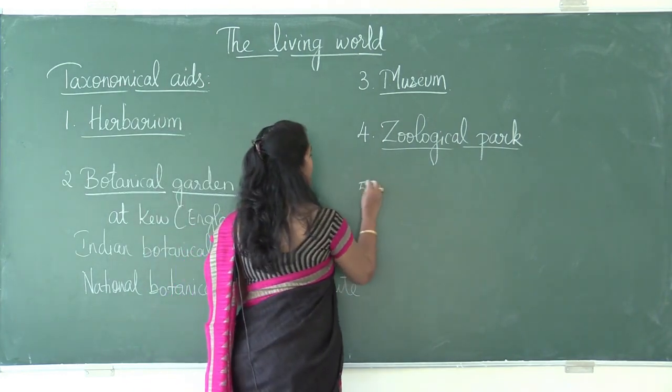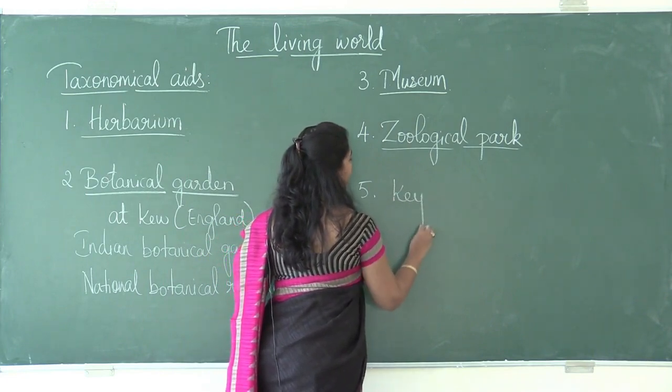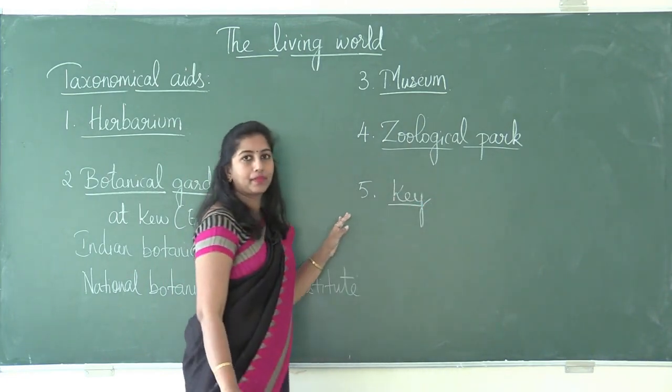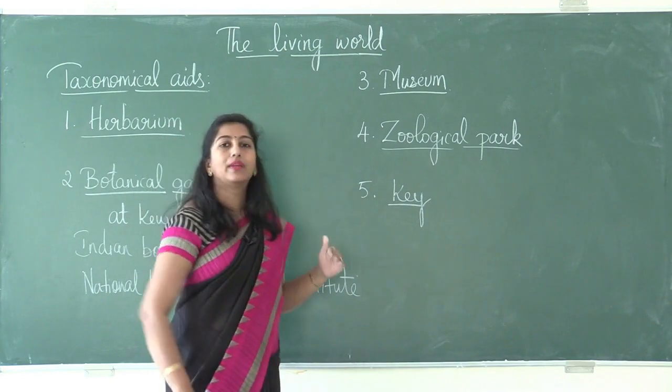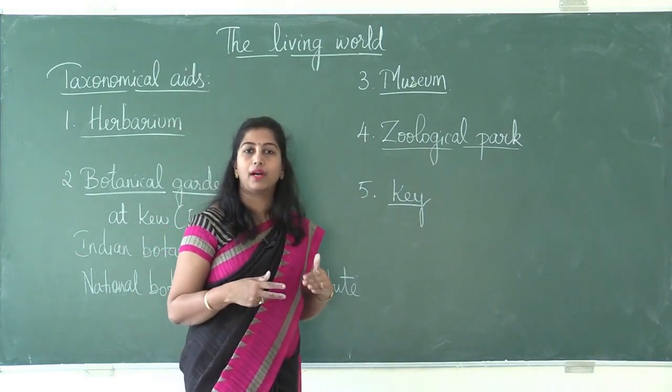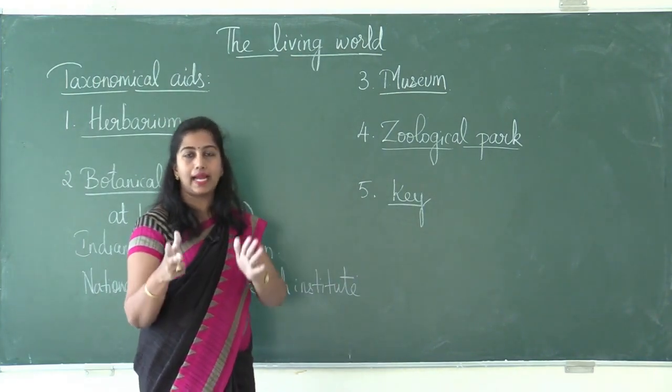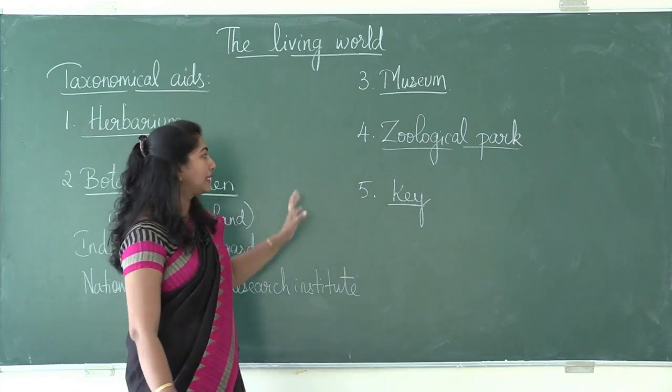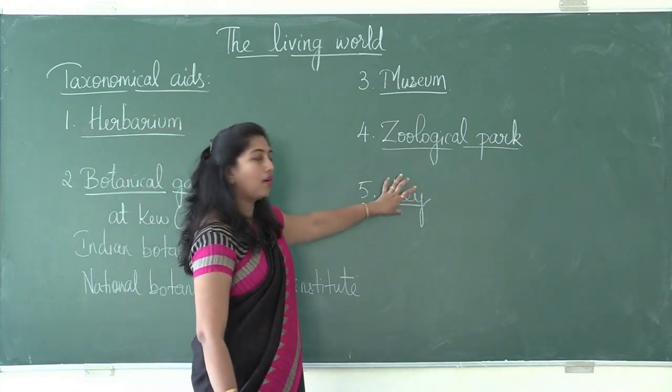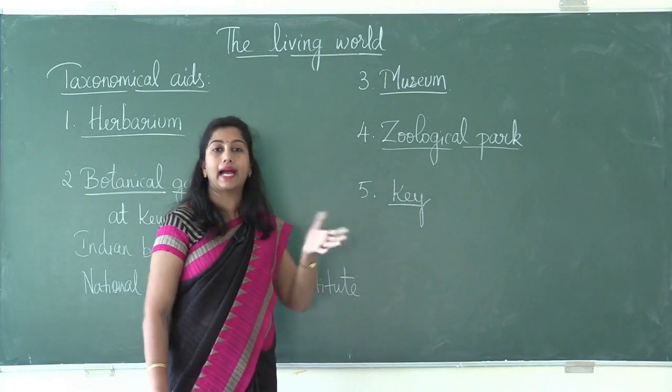Then next we are going to study the key. A key will give us information about different plants and animals. Now a key is actually based on contrasting characters.